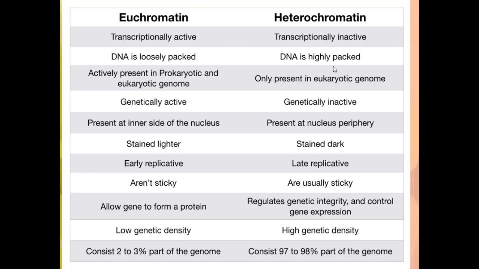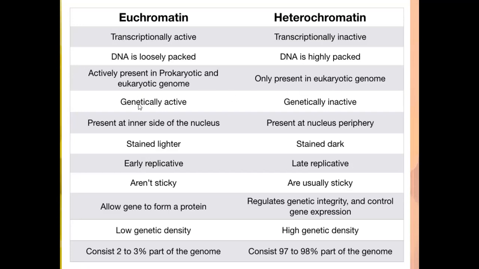Heterochromatin DNA is tightly or highly packed. Euchromatin is present in both prokaryotic and eukaryotic genomes, and heterochromatin is present only in eukaryotic genomes. Prokaryotic genomes do not have any heterochromatin.